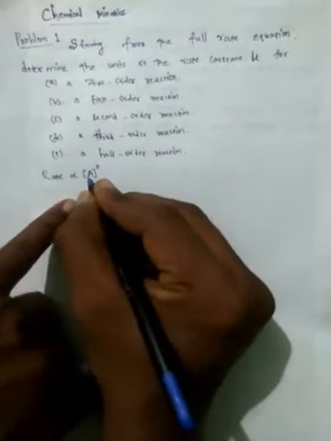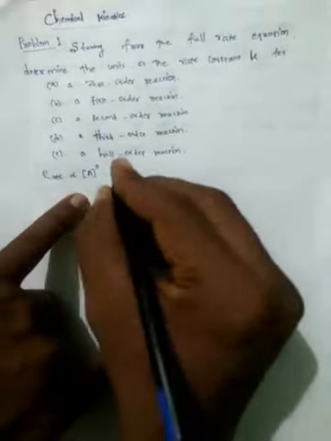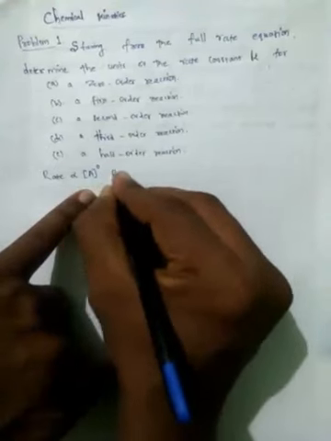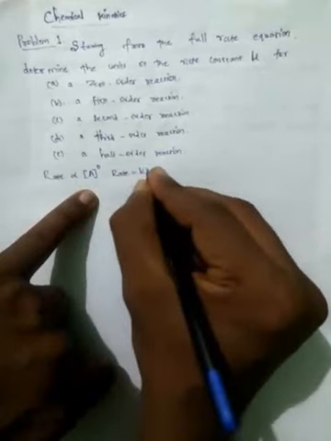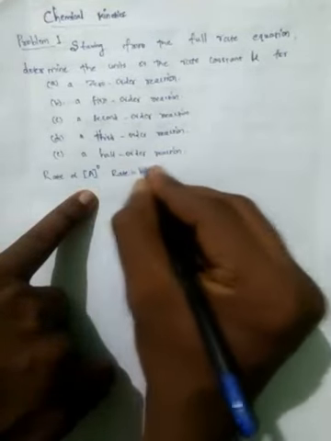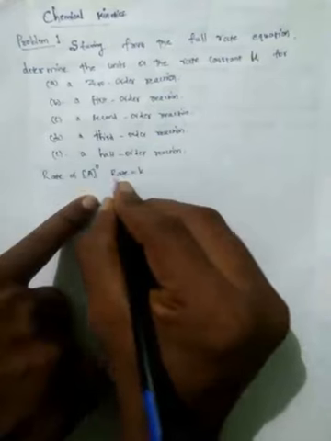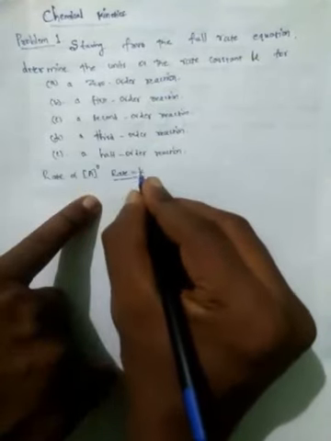This is for a zero order reaction. Therefore, rate equal to K times A power 0, and A power 0 is 1. That's all. So rate equal to K.